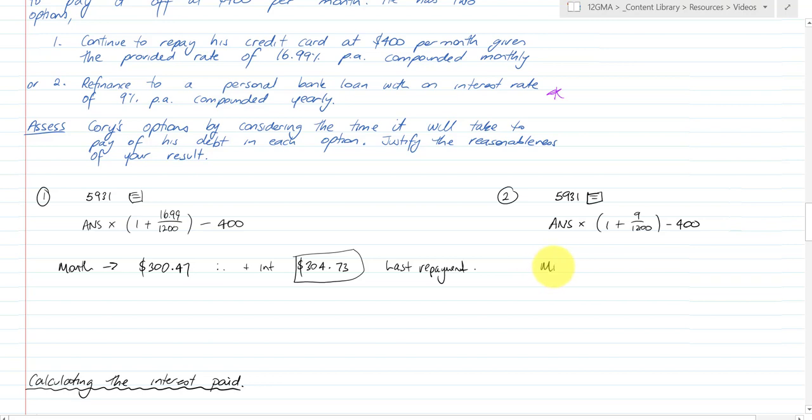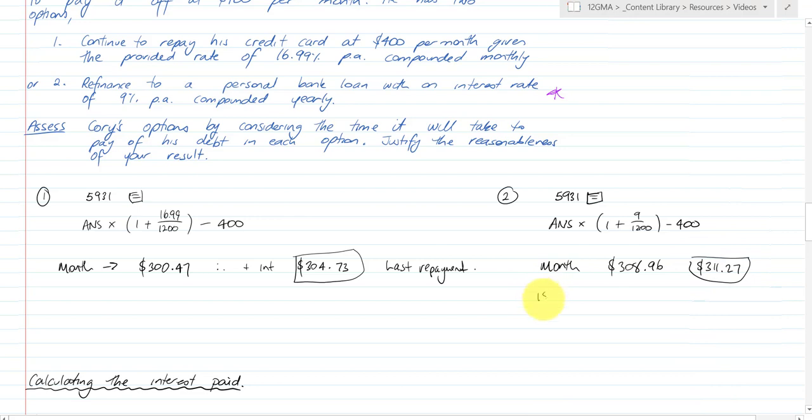So this time, after 15 months, he now owes $308.96. I multiply this by one more iteration of the interest, 1 plus 9 over 1200, and that becomes $311.27. So he owes $311.27, and that would be his final payment.